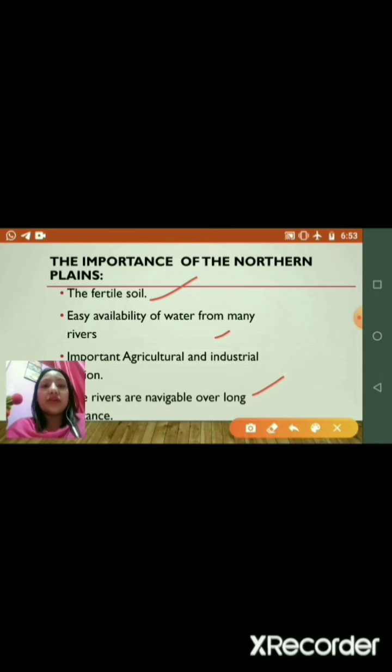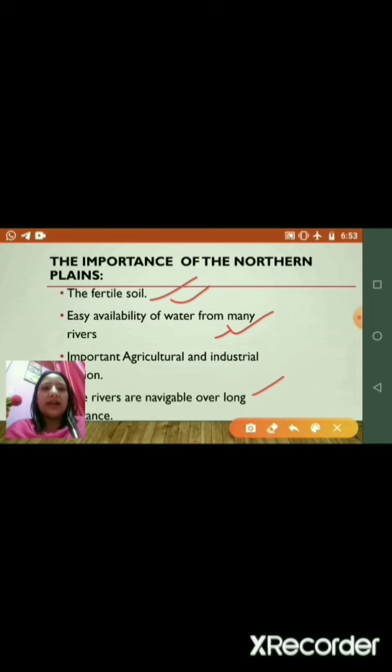So the northern plain is one of the most densely populated regions of India as well as the world. Why is the northern plain important? First of all, it provides very fertile soil. Because of the easy availability of water, this makes the agricultural and industrial sectors very important.